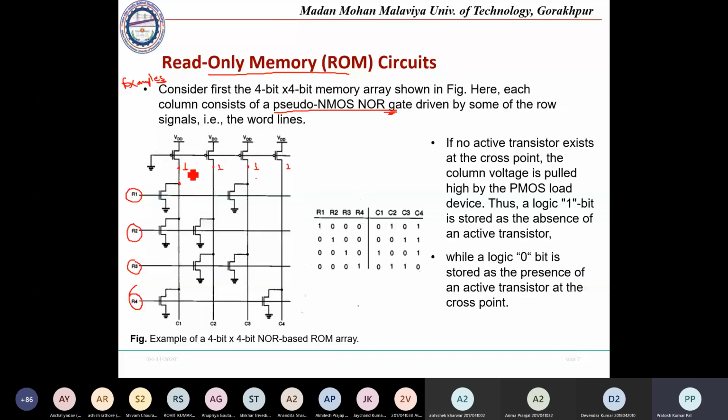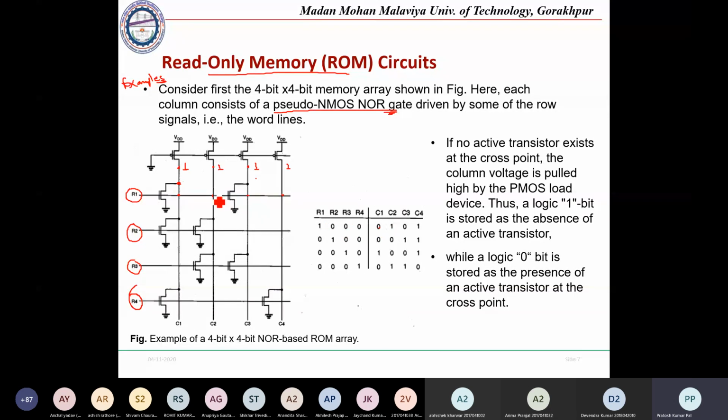Initially it was 1, but now as R1 is 1, the logic stored at this point will be 0. Whatever crossing point is there between a row and a column provides a bit or a memory location. So here it is initially 1, but once R1 is on, this transistor will be on, and 0 will be stored at this point. So this C1 value will be 0. Similarly, if R1 is 1 or others 0, C1 value will be 0.